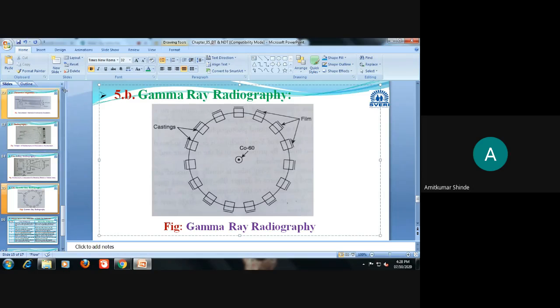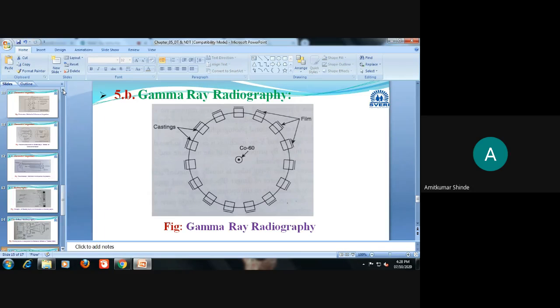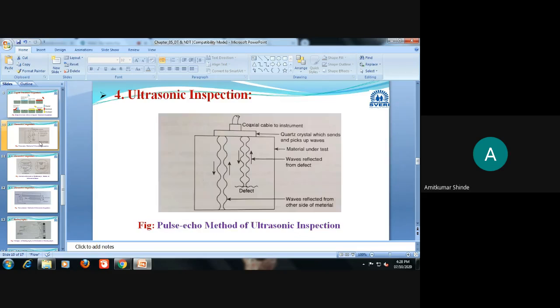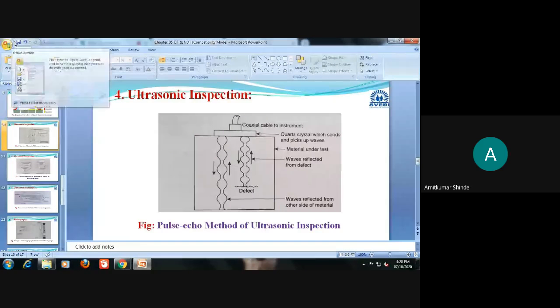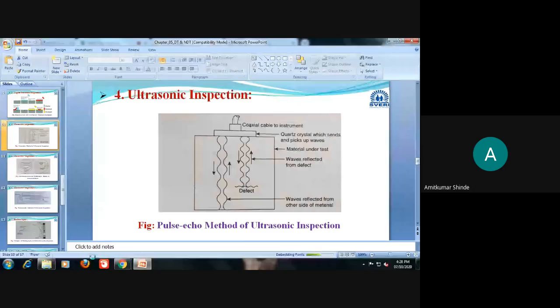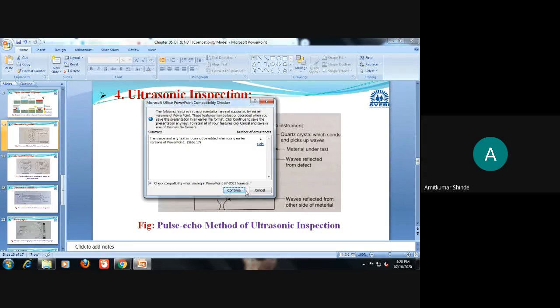You have to explain the procedure and patterns obtained, draw the diagrams, and at the end mention its applications. At the end of each, for destructive testing as well as non-destructive testing, you have to mention whichever applications are there.